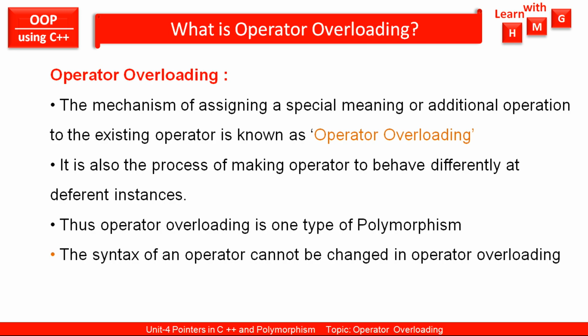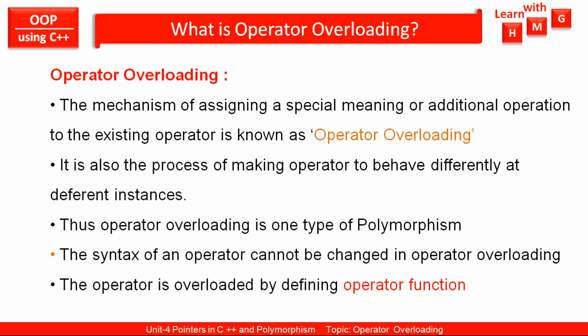This is because you are going against the syntax. So syntax cannot be changed. Using the same syntax of the existing operator, you have to assign an additional operation to the existing operators, and that is operator overloading. Now let us see how to do operator overloading with unary operators.